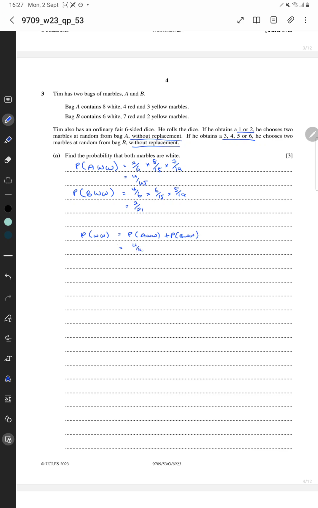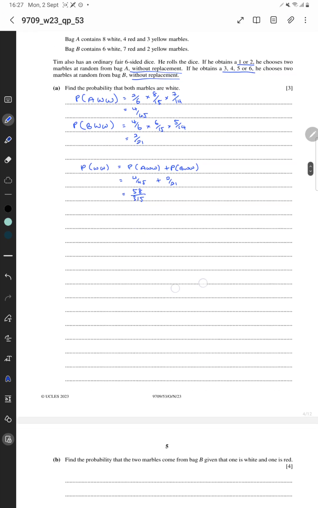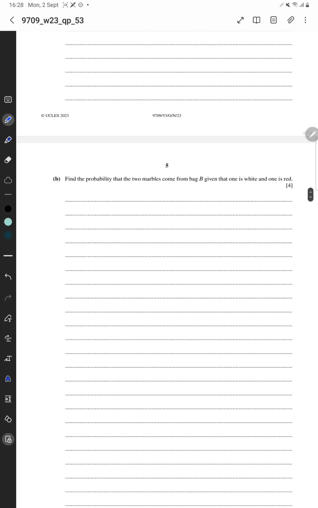So it's going to be 4 over 45 plus 2 over 21, which you will get 58 over 315. Oops, sorry, not 381, 315. There you go.